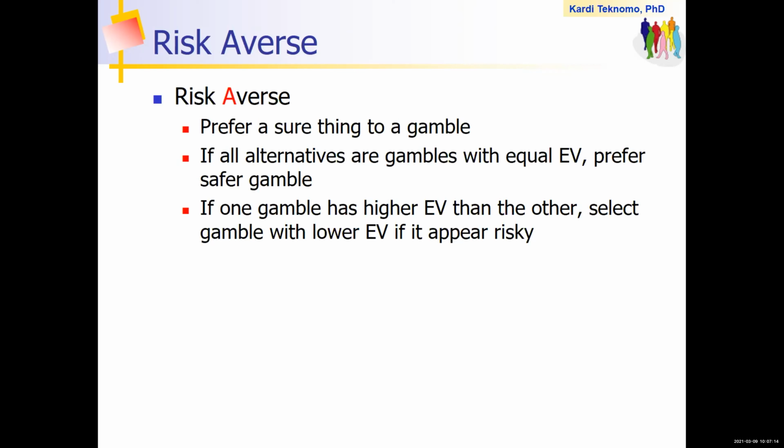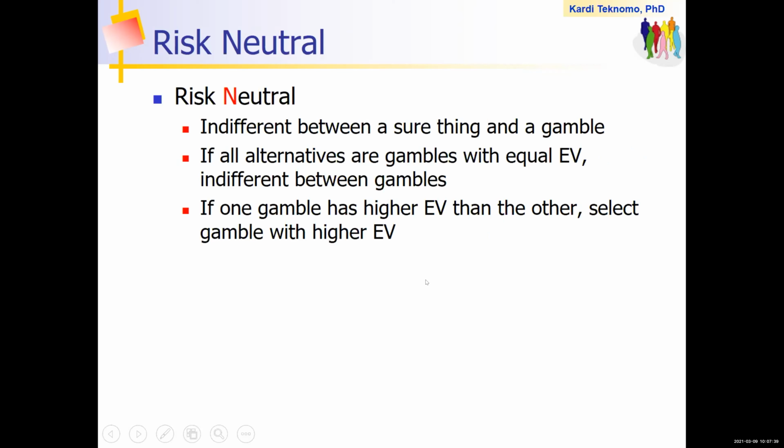If all alternatives are gambles with equal EV, you will prefer the safer gamble. Now, if one gamble has higher EV than the other, you will select the gamble with lower EV if it appears risky.